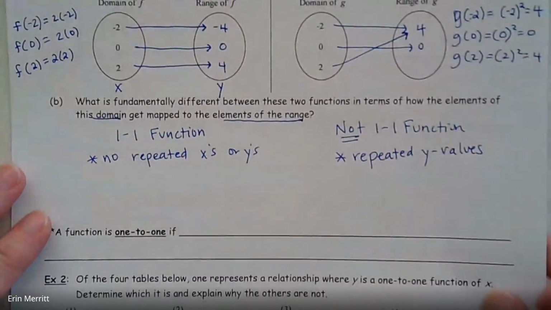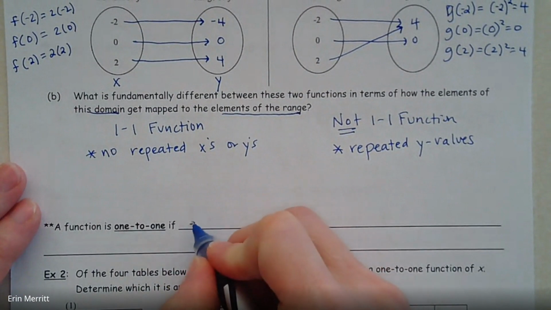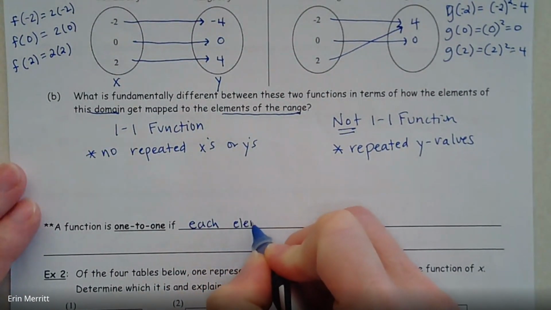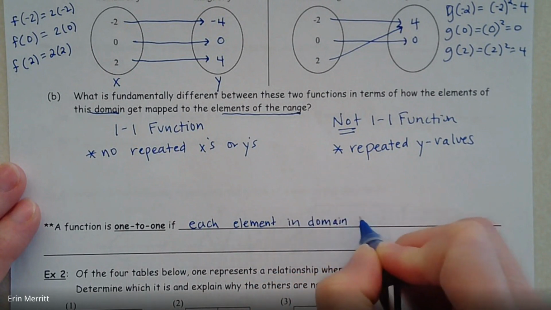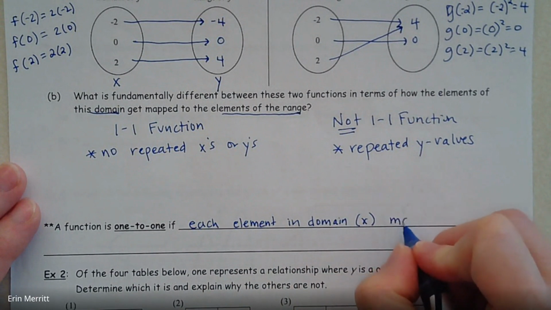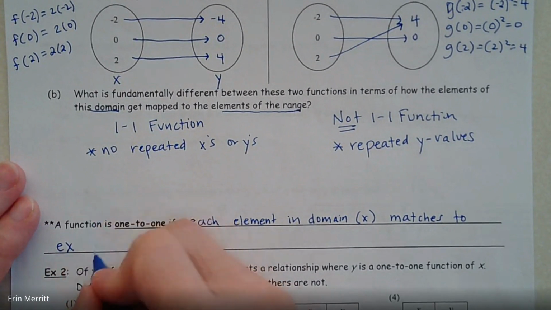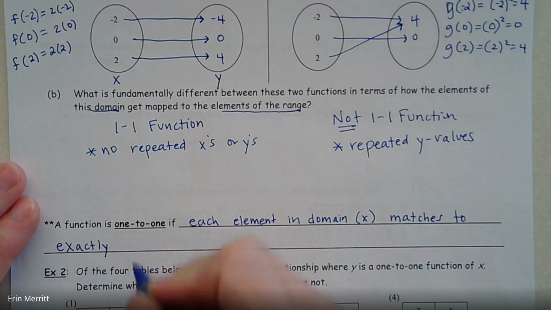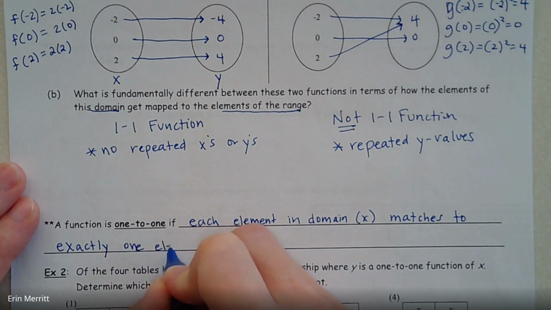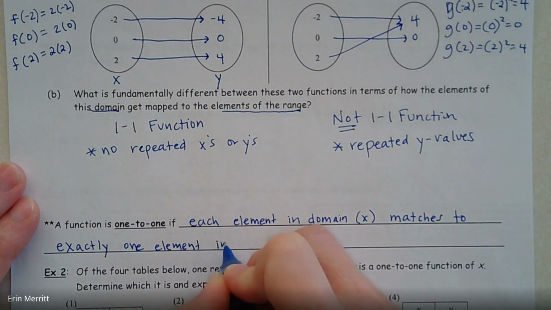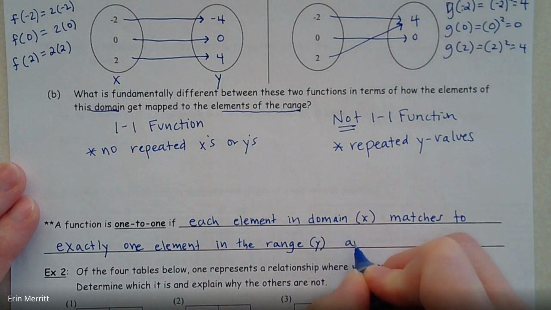So down here, when it says a function is one-to-one if, the way I'm going to say it is if each element in the domain, so of the x values, matches to exactly one element in the range, and vice versa.